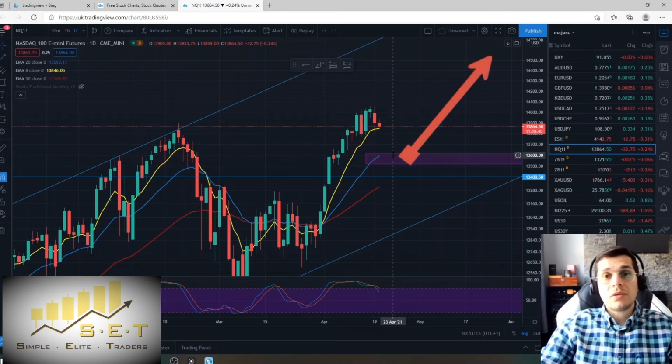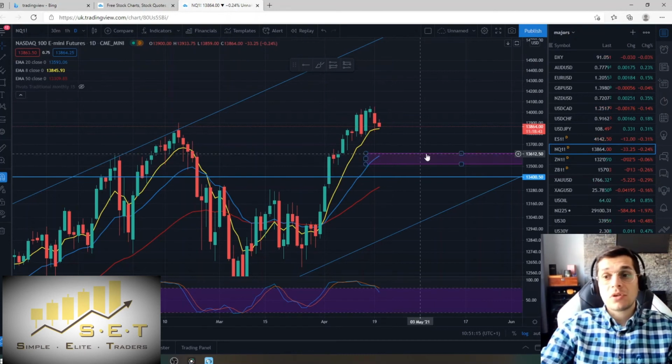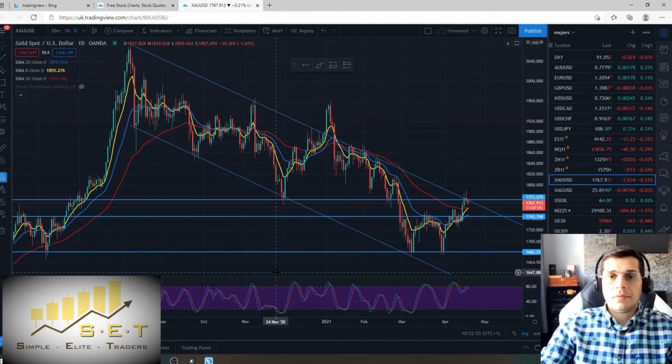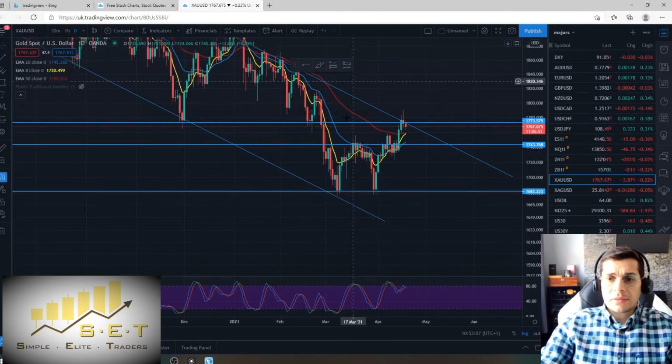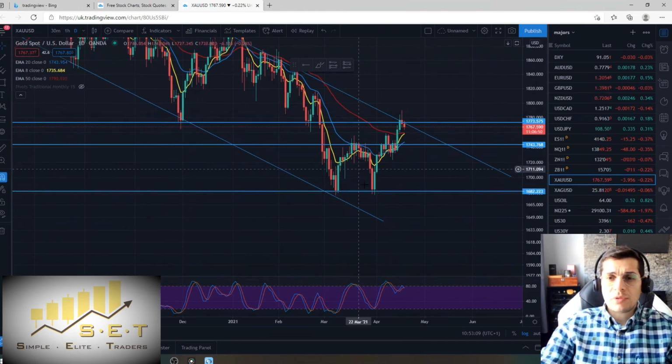The last chart I'm interested in is gold. What I see in gold right now is this big channel, and the price is rejecting the top and bottom as well. But after this beautiful double bottom, buyers try to step in again.